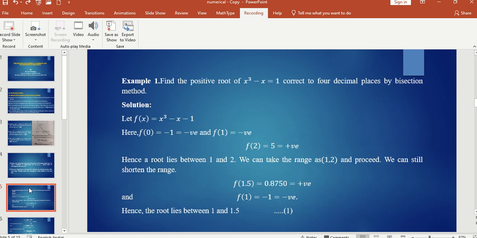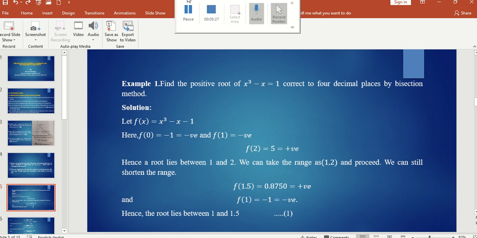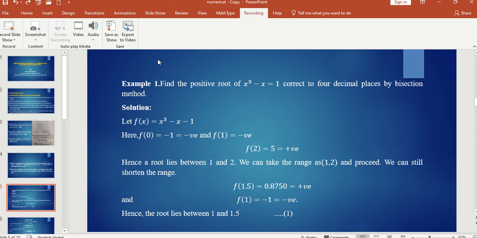So consider the first example. Find the positive root of x cube minus x equal to 1 correct to 4 decimal places by bisection method. So here f of x equal to x cube minus x minus 1. So we first assume the a value as 0.